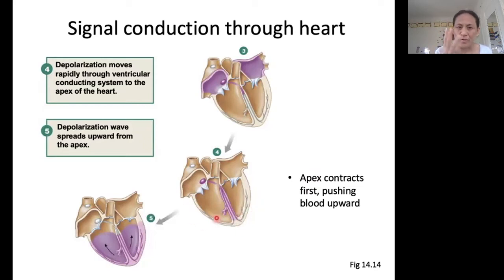So as a result, you're kind of pushing the blood upward, which is nice. It's good because you want to push the blood, because the blood vessels that the blood is going out of are on the top of the heart, right? So you've got this is the pulmonary artery right here, and then you've got the aorta right here. So you want to push that blood upwards to go out of those arteries.